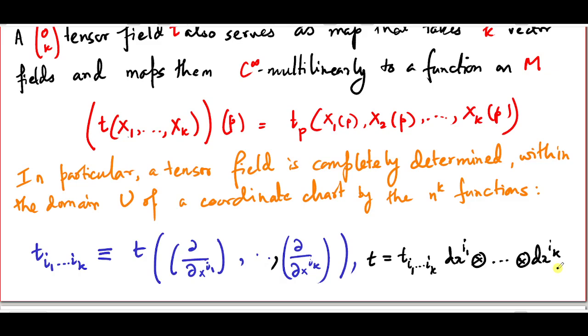We had worked this out in the last lecture and shown that this actually leads to the standard, well-known transformation law for components, which a physicist often uses to define a tensor. So a tensor is really a rather straightforward thing. It's a multilinear map which maps vector fields to functions.